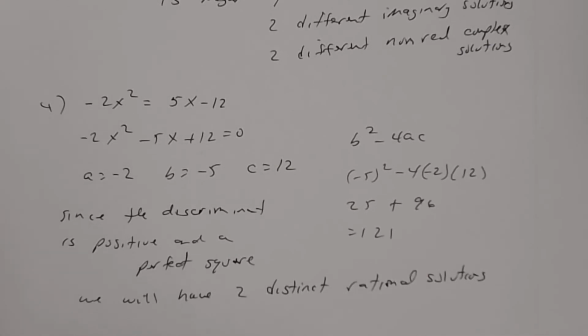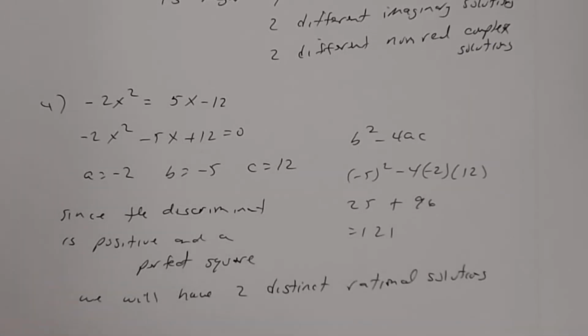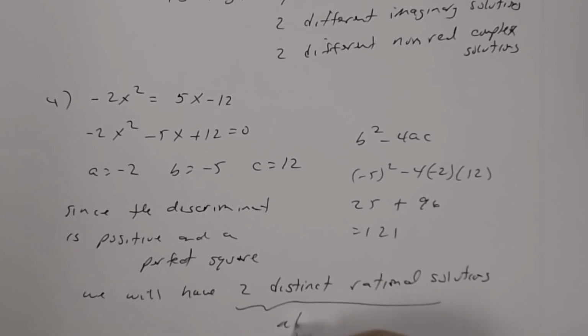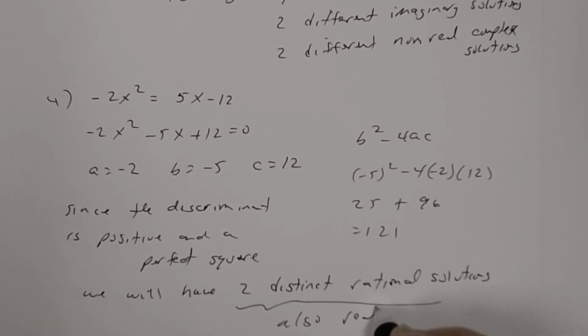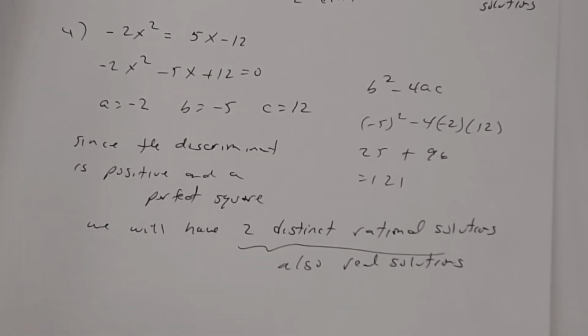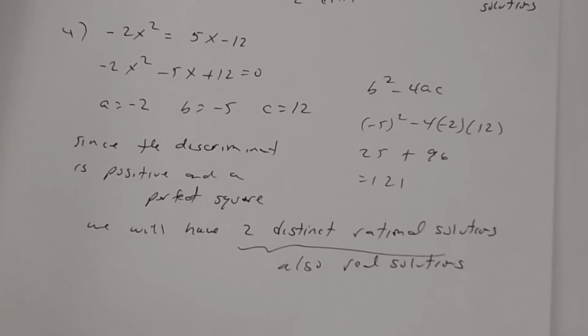Remember, a rational number is also real, so you could also see two distinct rational solutions, but remember, those are also real solutions. A rational number and an irrational number are real numbers, so just keep that in mind.